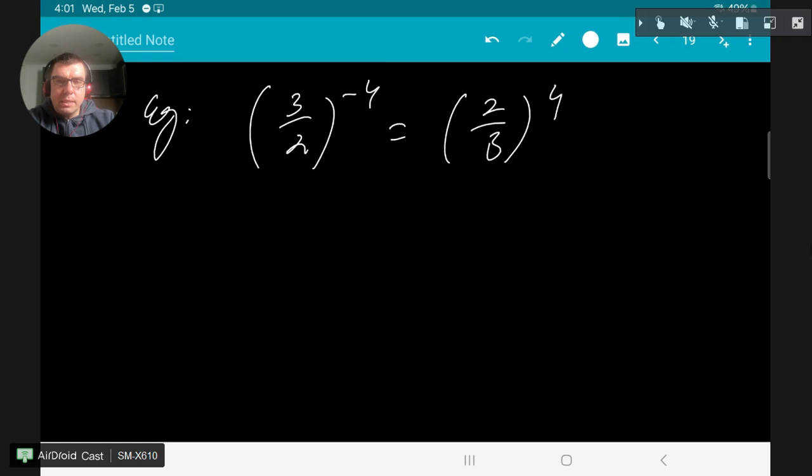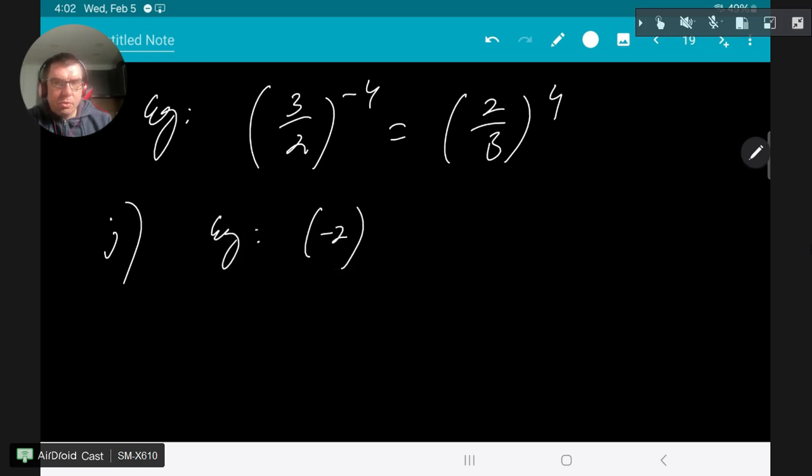And the last thing that I want to show, let's call it J, is what happens if we have a negative number as our base. So what happens if I have, for example, minus 2 to the power of 4.